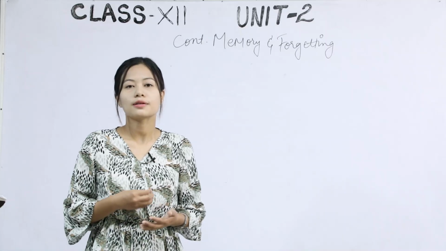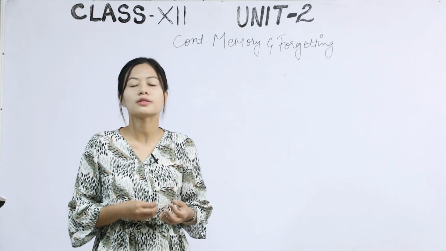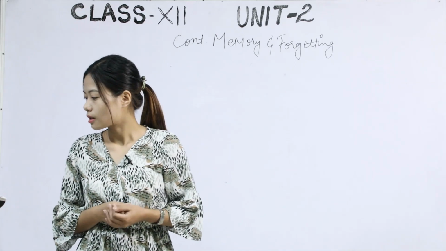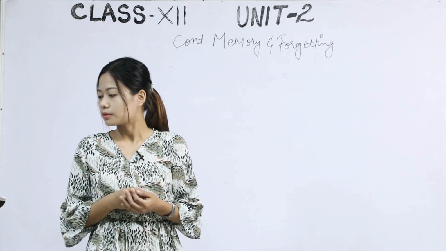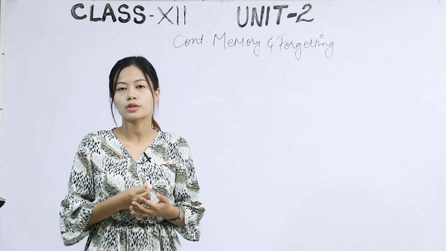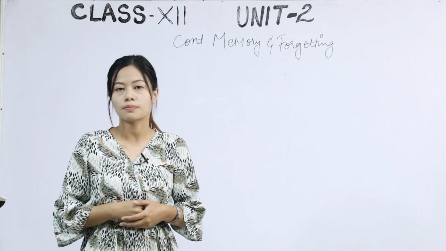We have also discussed the information processing approach, how the human memory is compared to a computer system, and the memory systems: sensory, short-term memory, and long-term memory, and finally the types of long-term memory.